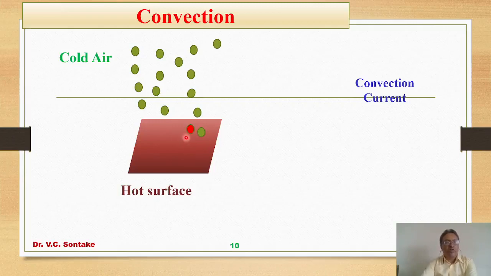Now, when the cold air particle becomes heated, its density decreases, it becomes lighter compared to the cold air particles, and it starts moving in the upward direction.